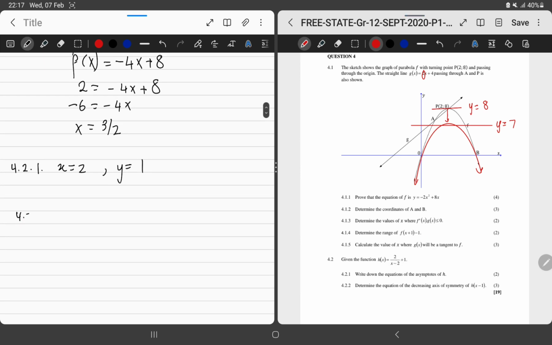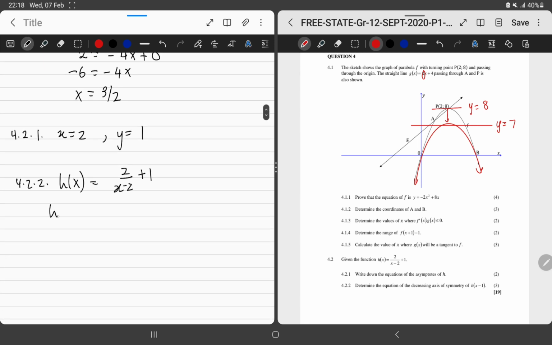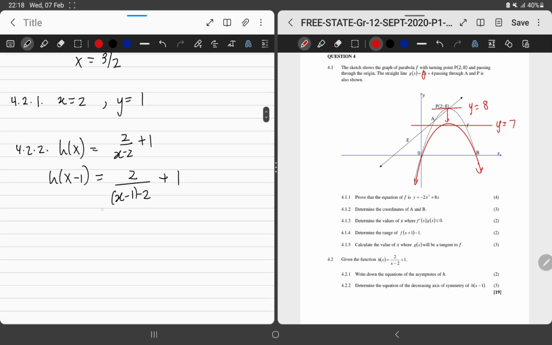And then 4.2.2. They are saying, determine the equation of the decreasing axis of symmetry. So when the gradient is negative, h of x is given by 2 over x minus 2, plus 1. And then this is h of x minus 1. So where I see an x value, I'm just going to put x minus 1. And then I have that minus 2 there, plus 1.